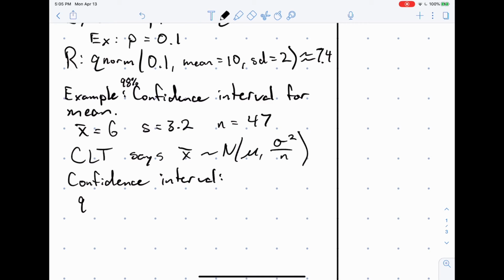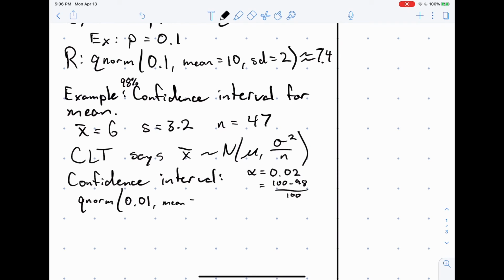You take the quantile qnorm of alpha over 2, where alpha equals 0.02, which is 100 minus 98, divided by 100. So alpha over 2 would be 0.01.